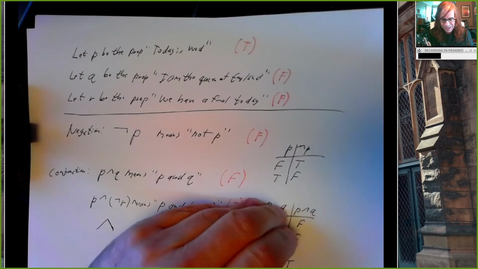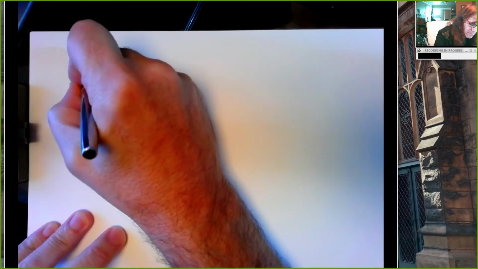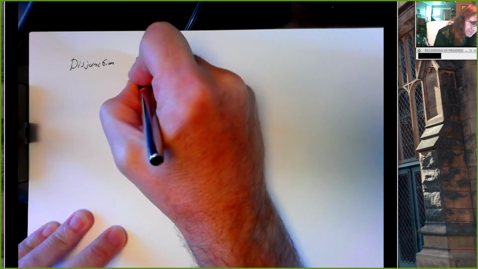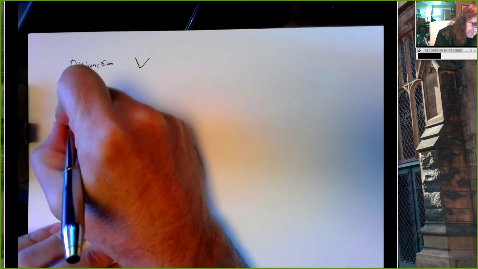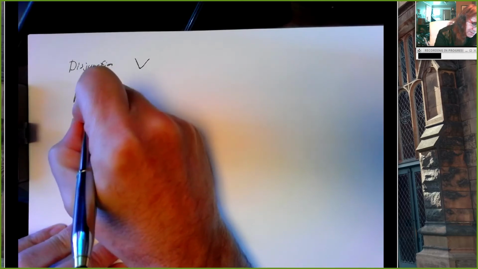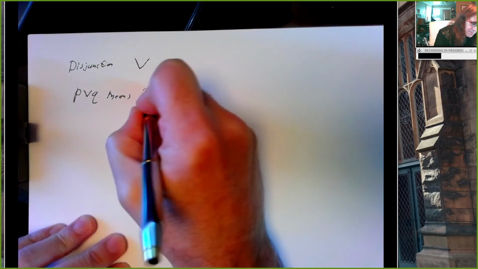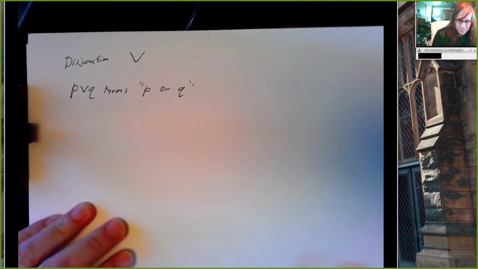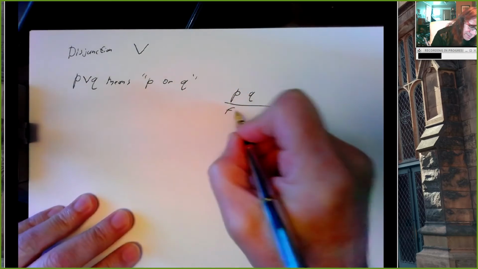And then to round this out, we have disjunction. And that's a V, or an upside down caret. The disjunction of P with Q means P or Q. And you can guess how this works in all possible cases.